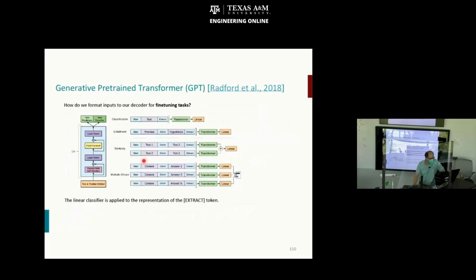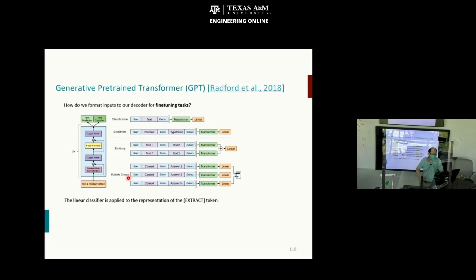Let me see whether I have that web page. I don't. So imagine that you have two texts, and the relationship between the two texts can be one of these scenarios: entailment, similarity, or multiple choice. For instance, there are two sentences. One sentence says, a student is sitting in Zachary.